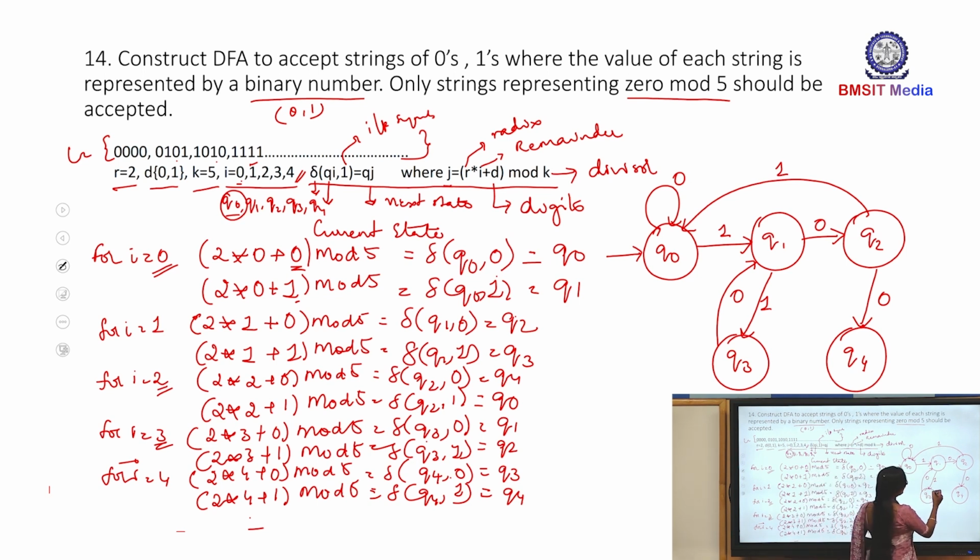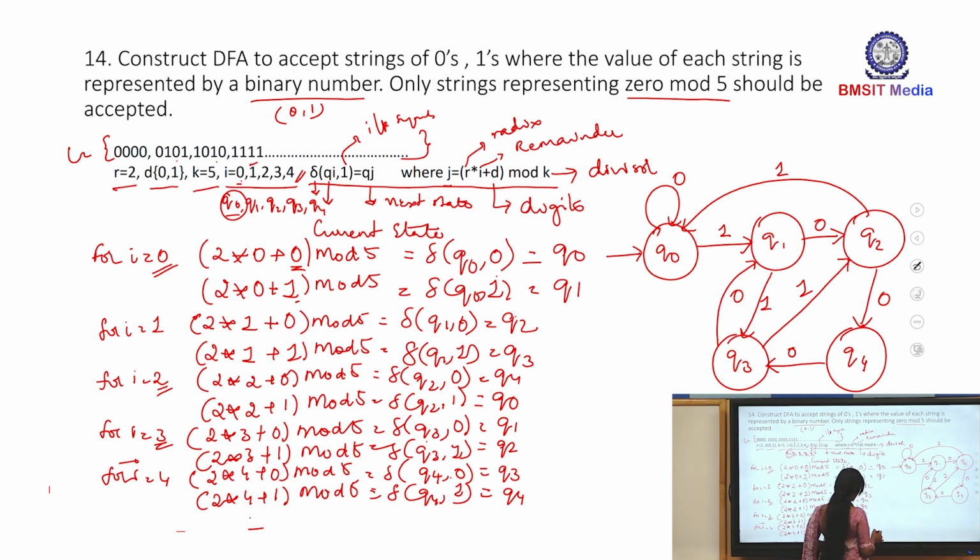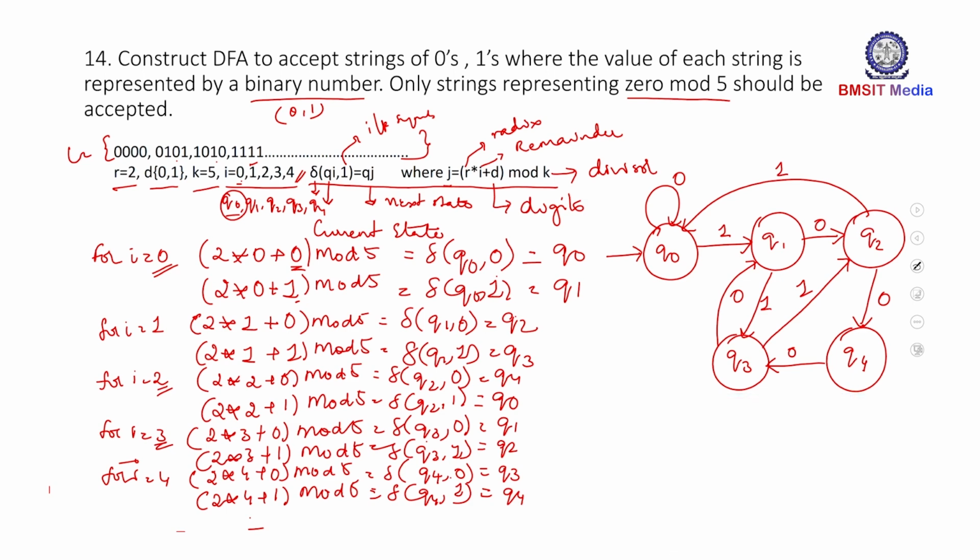Then Q4 on accepting a 0 makes a transition to Q3. And Q4 on accepting a 1 remains in the same state, Q4.